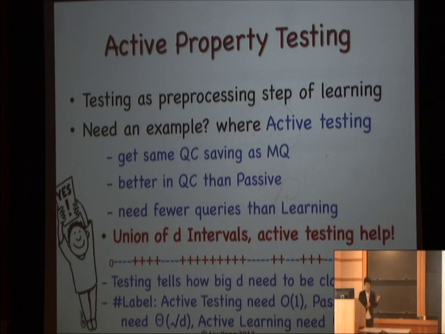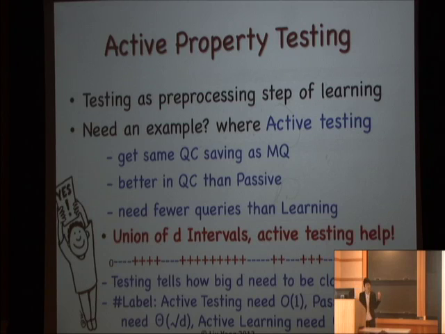So the question in this setting is whether for a given concept space, the number of labels needed for testing is smaller than the number of labels required for learning.